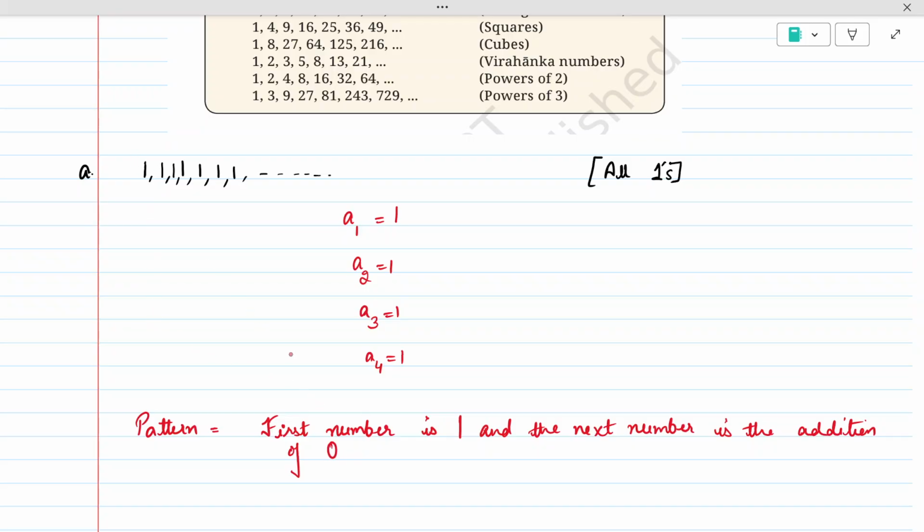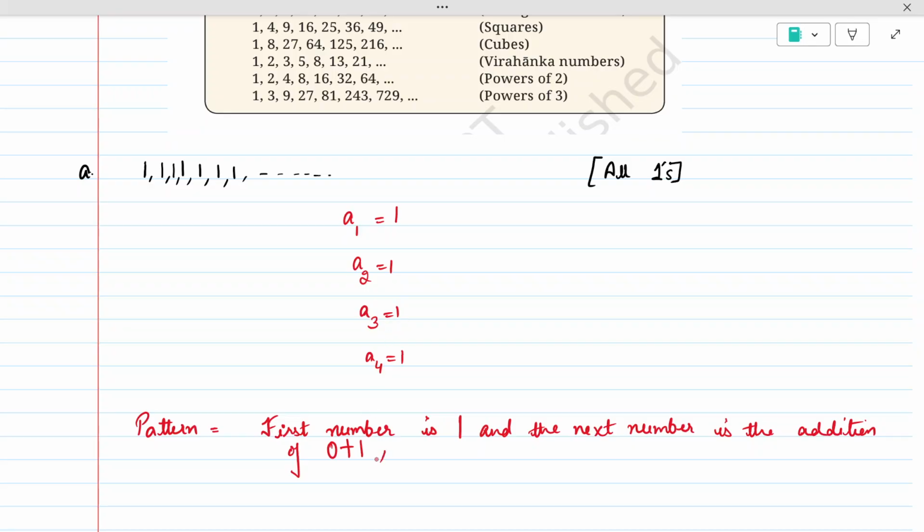Means the first number was 1, which we have written here, and to find out the second number, we are adding 0 to the first number. So the second number again becomes 1, because 0 plus 1 is 1.